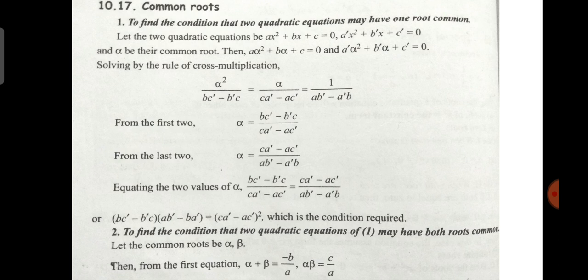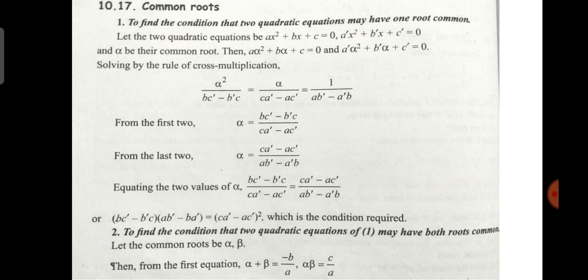If these two equations have a common root, then (bc dash minus b dash c)(ab dash minus ba dash) equals (ca dash minus ac dash) the whole square is the required condition. If this condition is satisfied, then the two given equations have a common root.